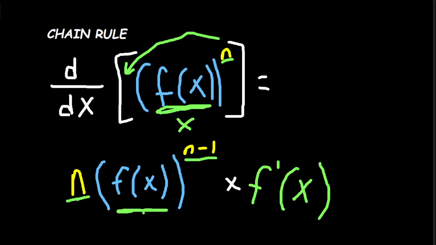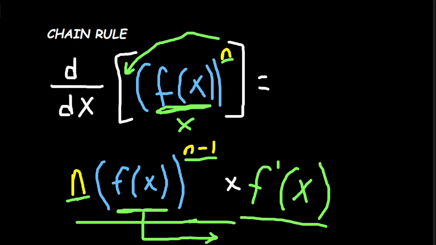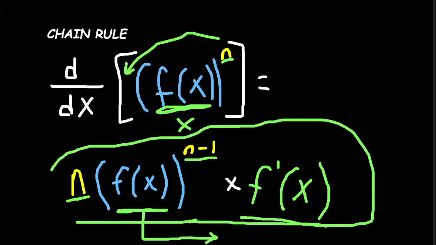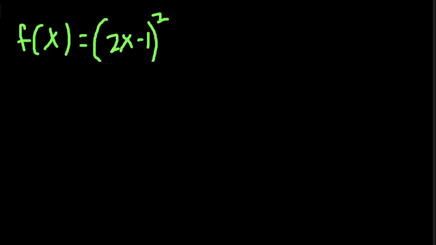But we want to take the derivative of this function and multiply it to this, and this whole thing becomes your derivative. It'll make a lot more sense with practice problems, but the general idea is similar: bring the n out front, subtract 1, except you have to take another derivative of the inside. Okay, we'll do some examples.